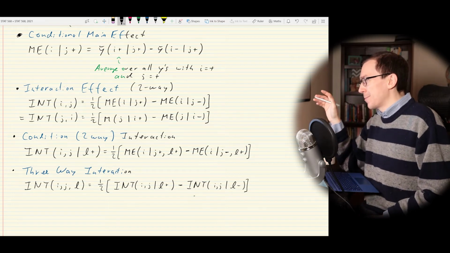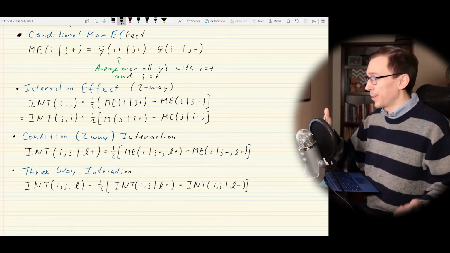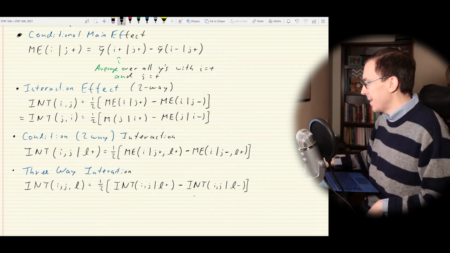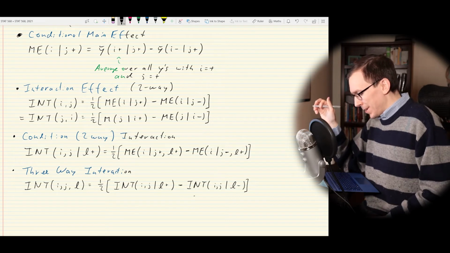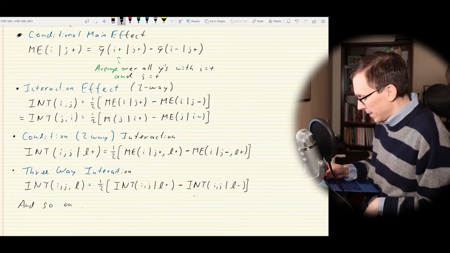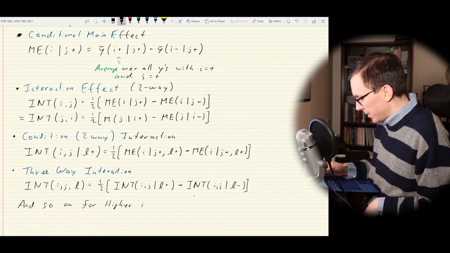All right, and we can just keep extending this further and further, building up all of our main effects. Okay, and so on, for higher interactions.